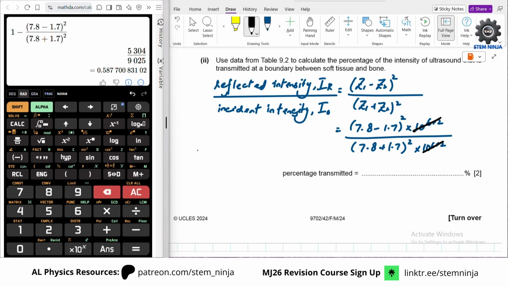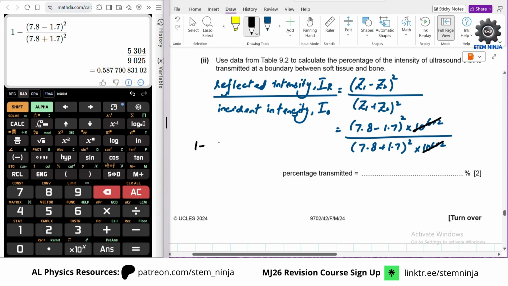So this is going to be IR over I naught, transmitted, times 100%. So we are getting 58.7, so basically 59%, you can say.